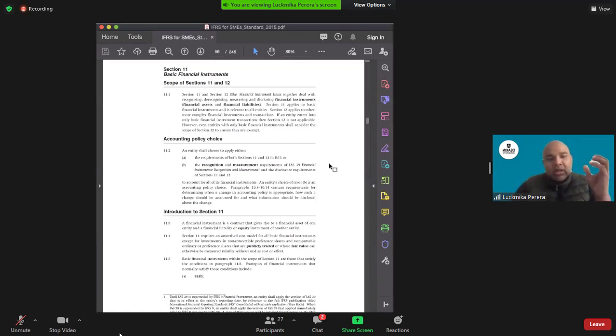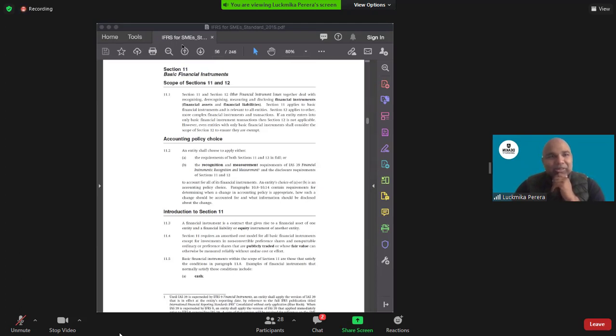Now, how many of you are familiar with what a financial instrument is? Anyone? Come on. What is a financial instrument? Very simple terms. Come on.